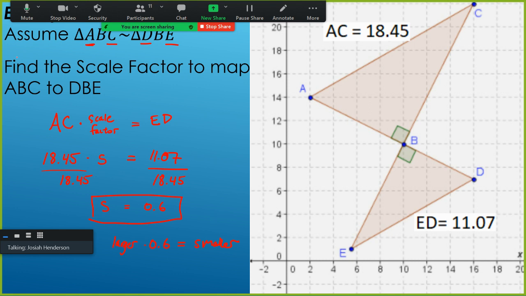Oh, actually, it did. I'm sorry. Look back. Find the scale factor to map ABC to DBE. So that means larger was supposed to be our original. Good. So I got lucky. Larger was original. Do a dilation and it makes smaller DBE new.